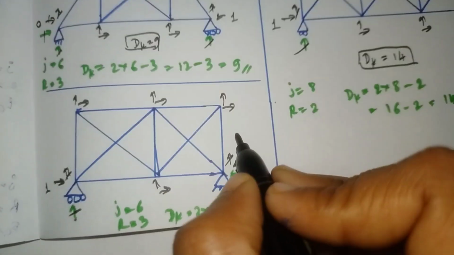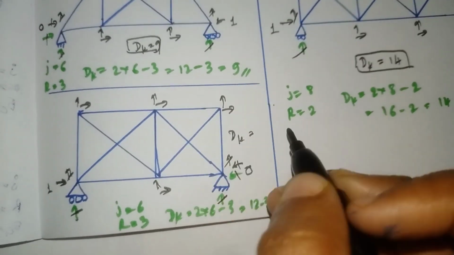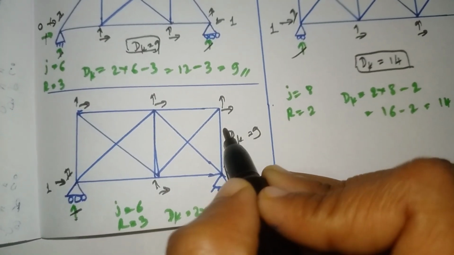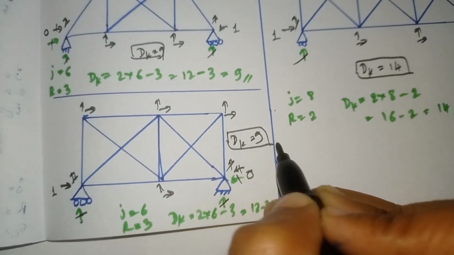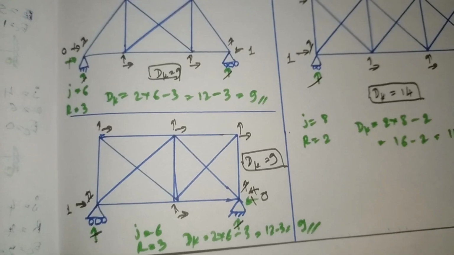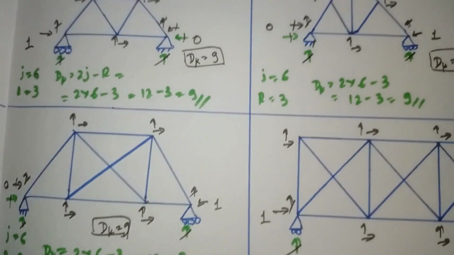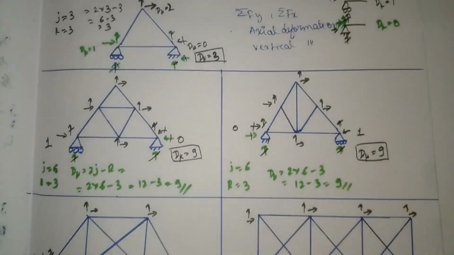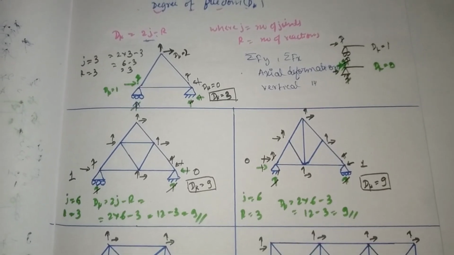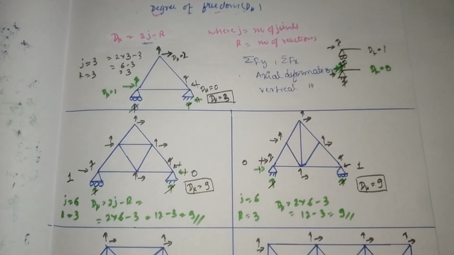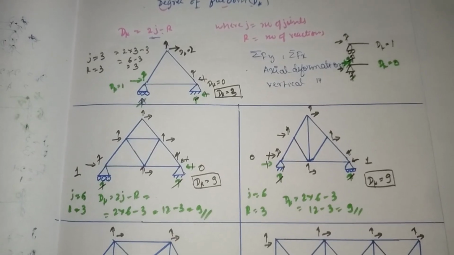So DK of this structure is 9. So this is how we calculate manually without the help of the formula. This is how we calculate the degree of freedom for trusses by using the formula as well as manually.